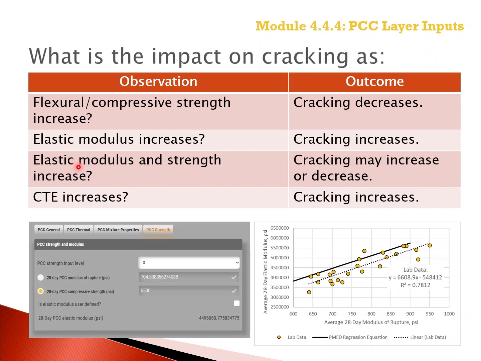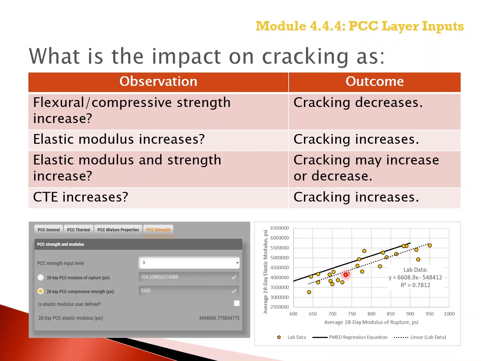What is the impact on cracking if the elastic modulus and strength of the PCC mixture increases? So, as the strength increases and the elastic modulus increases, what is the impact on cracking?